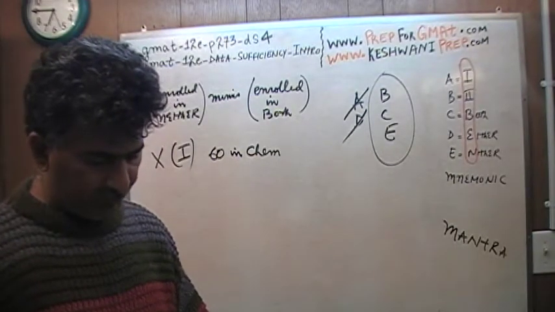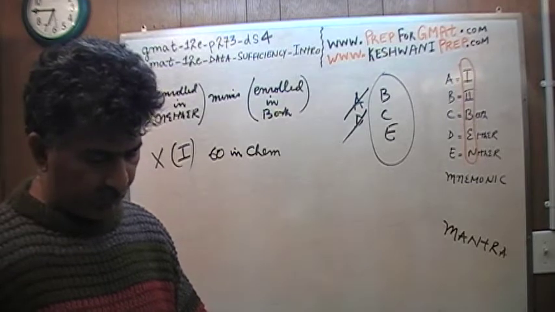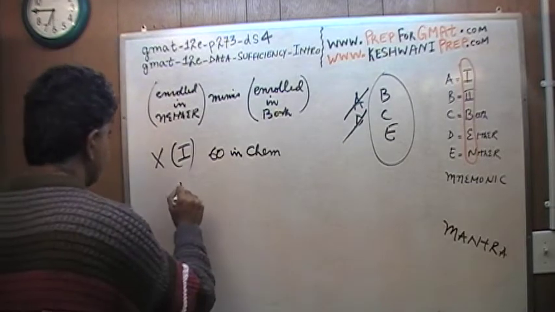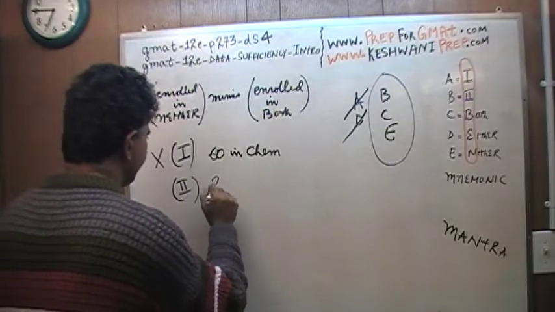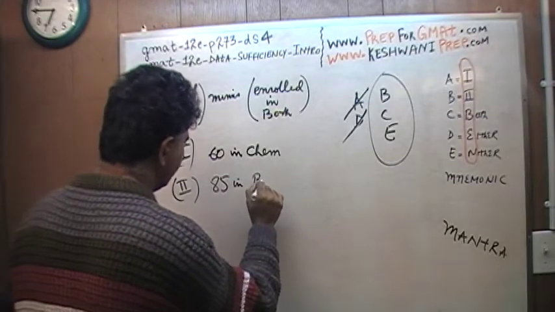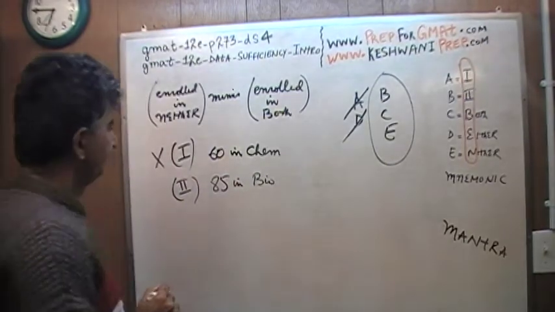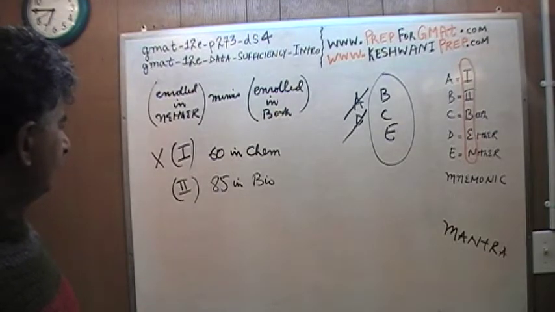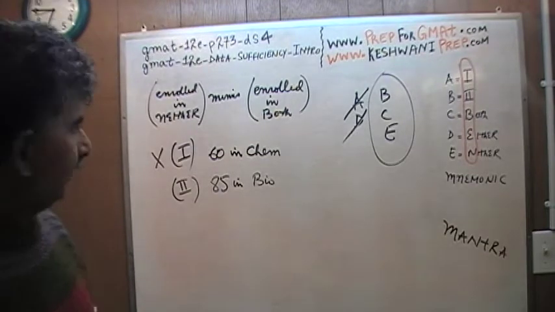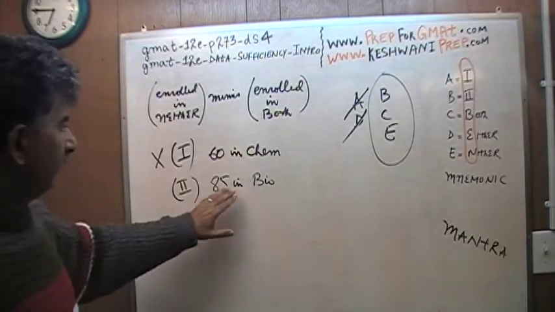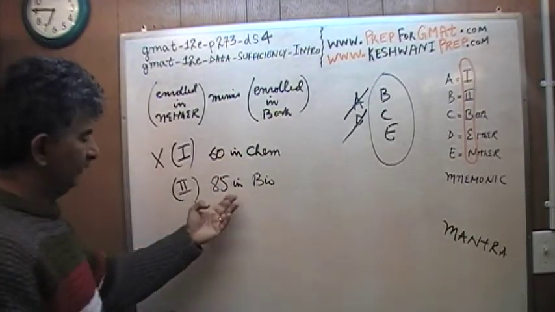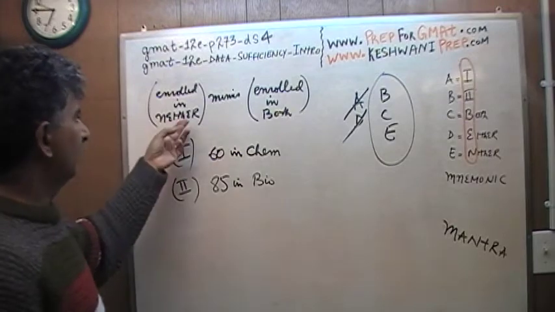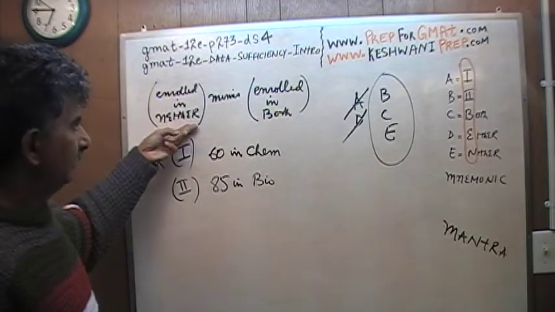The second statement tells me there are 85 students enrolled in biology. 85 in biology. Does that tell me either of these? Of course, the second statement also does not tell me. Knowing that there are 85 in biology, it's not going to answer how many are taking neither, let alone this part.